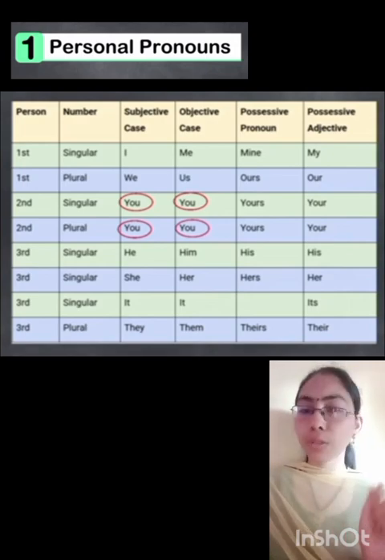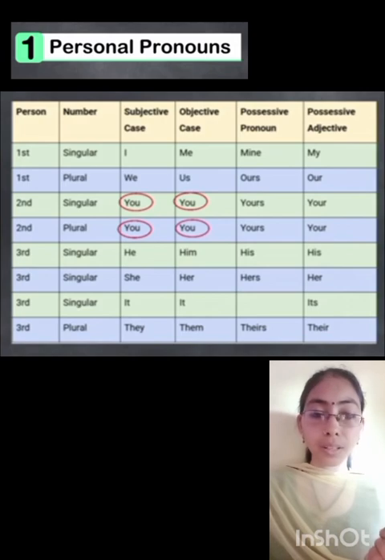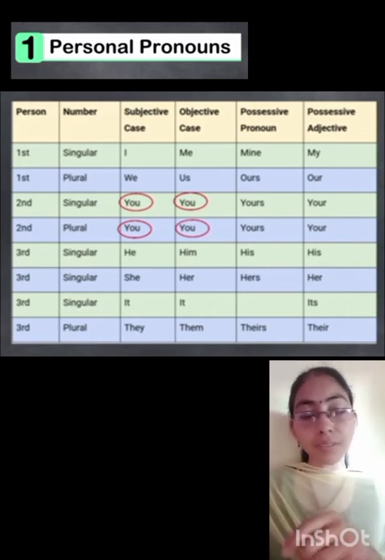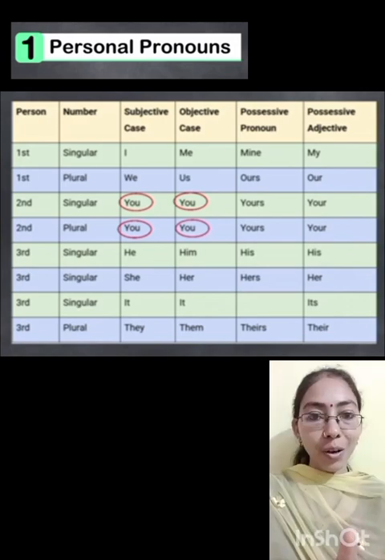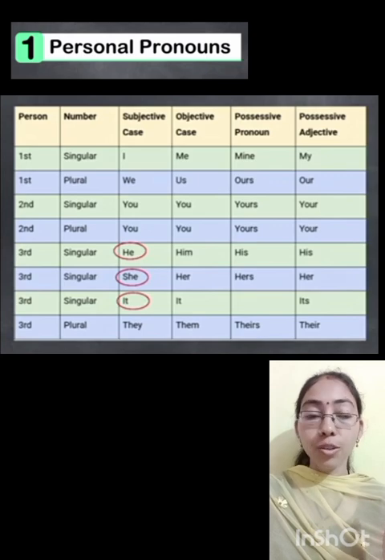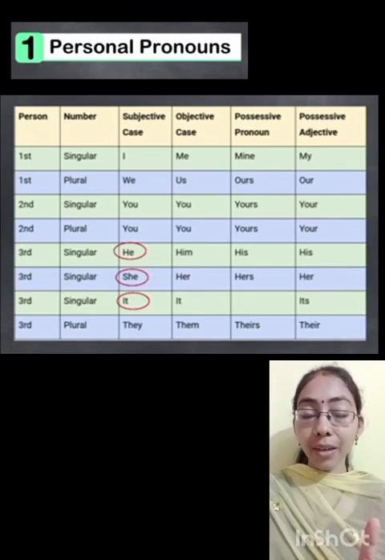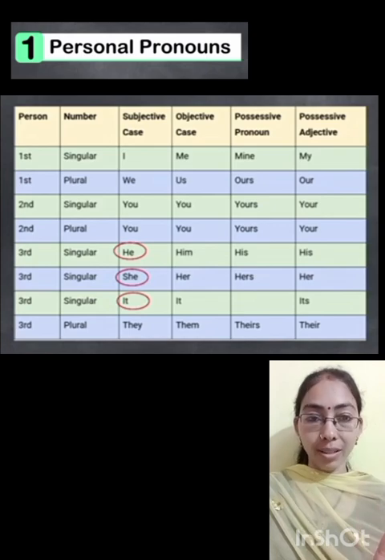Now note a few things. You is both singular and plural and both subjective and objective. Also note, pronouns of third person singular usually have 3 genders: he, she, and it. But they is for plural third person only.